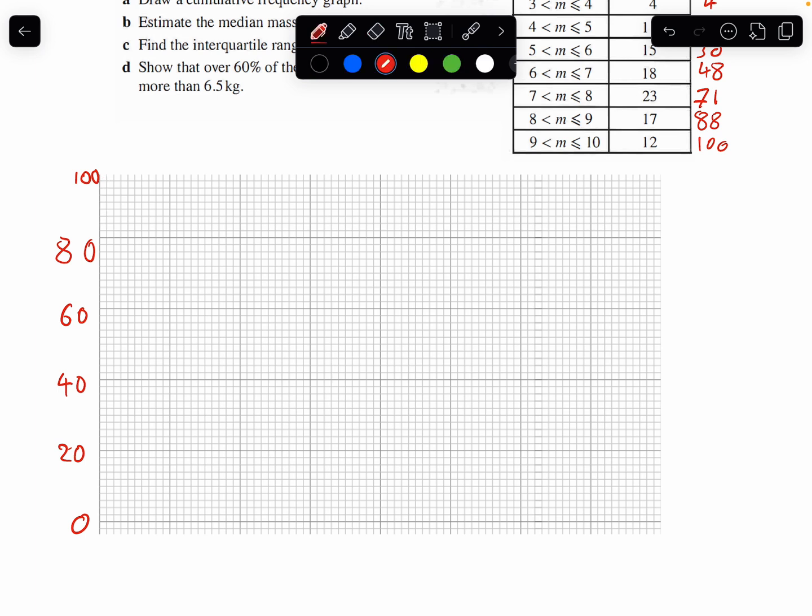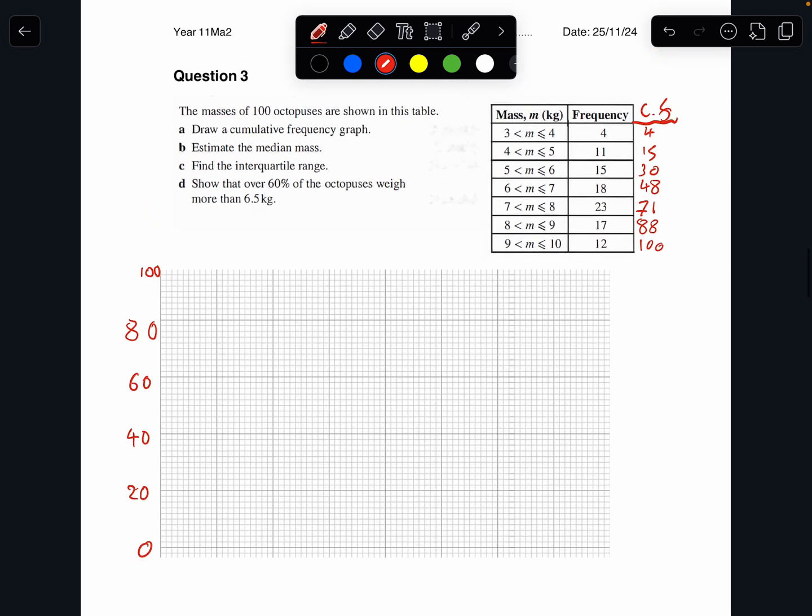So here we are going to now plot the upper bound of each class against that cumulative frequency. So I'm going to start at 3 on my axes. If you wanted, you could do the whole squiggly part. I'm just going to start at 3, 4, 5, 6, 7, 8, 9, 10, something like that.